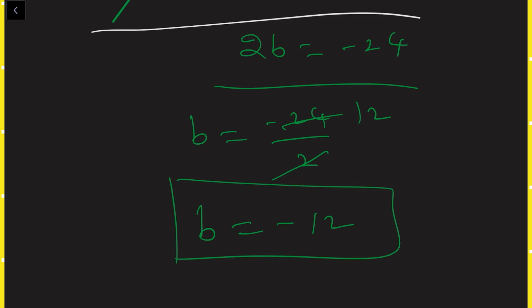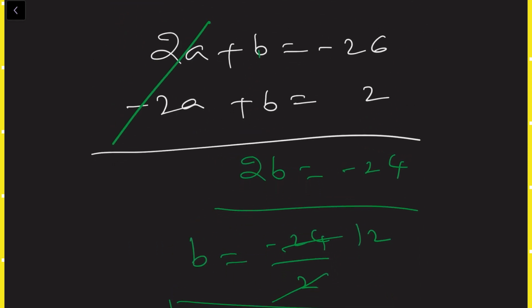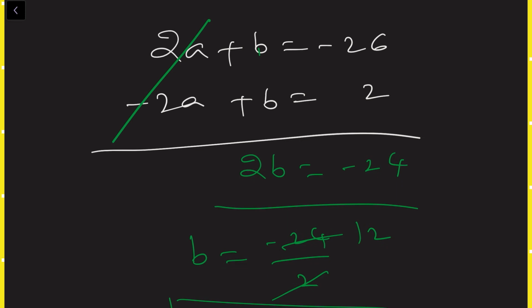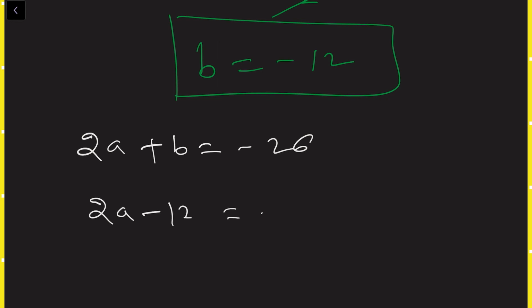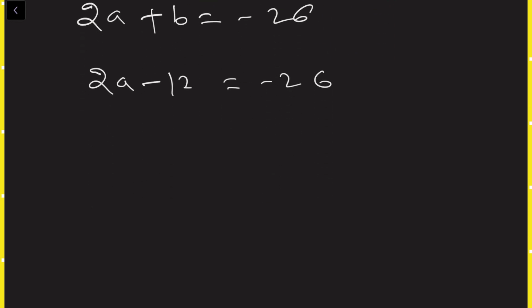This b value you can substitute either in equation 1 or in equation 2. So I am going to substitute in equation 1, that is 2a plus b equals minus 26. So 2a as it is, b value we got as minus 12, so substituting, minus 12 equals minus 26. Now take minus 12 to the right side, then we get 2a equals minus 26 plus 12, which is nothing but minus 14.